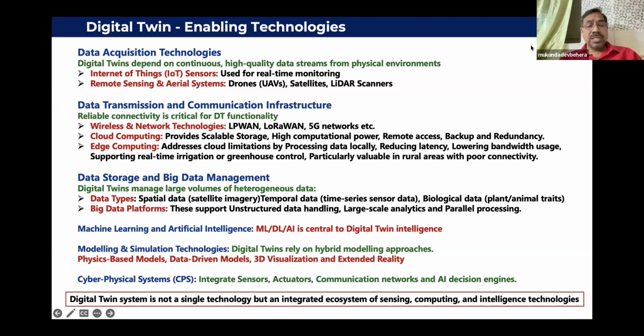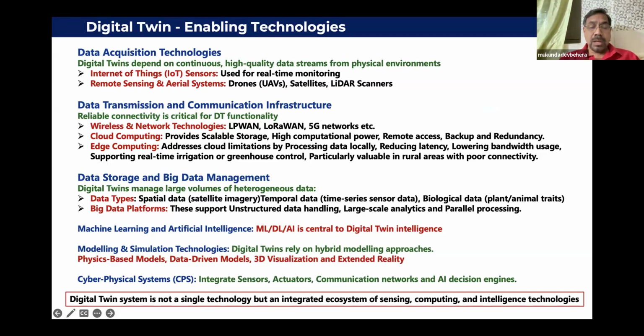So modeling and simulation technology, digital twins, they rely on hybrid modeling approaches, physical based models, data driven models, 3D visualization, and extended reality. And also you have the CPS, cyber physical networks, and AI decisions.